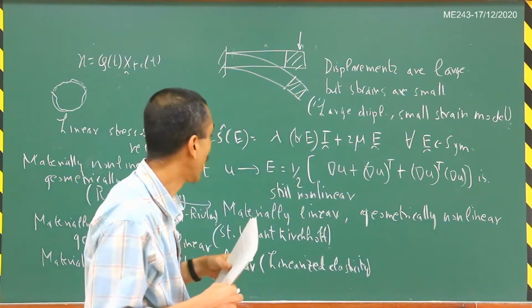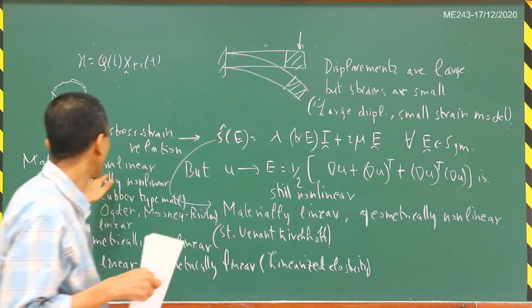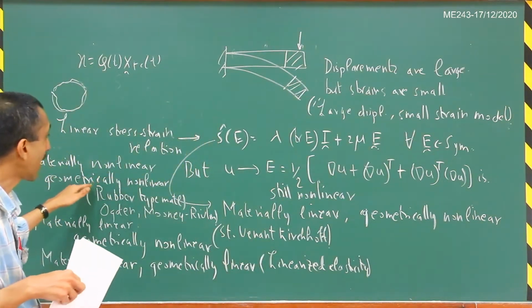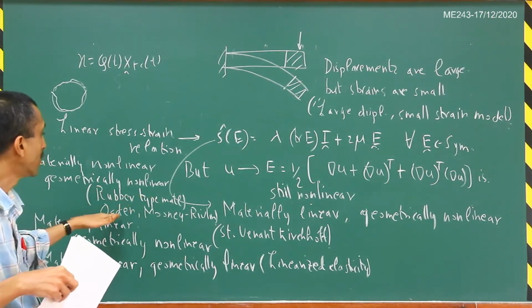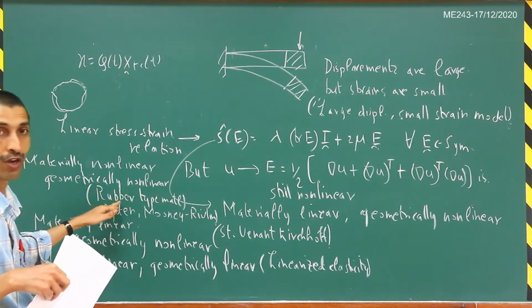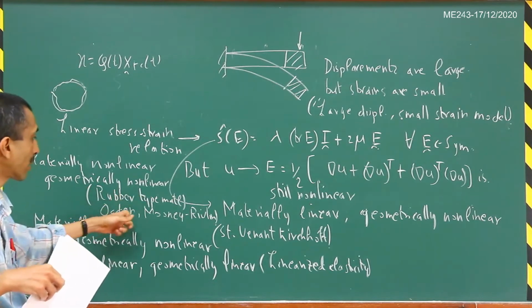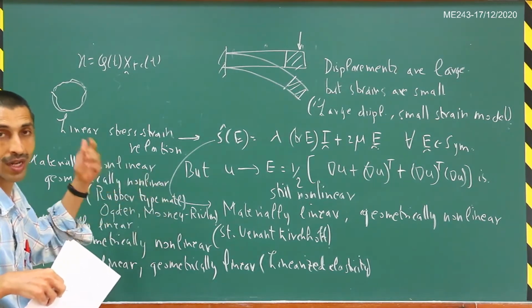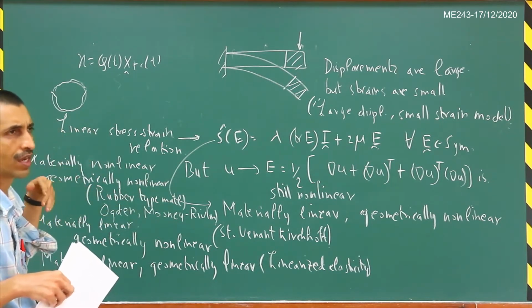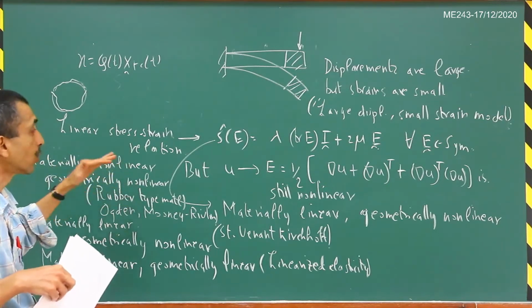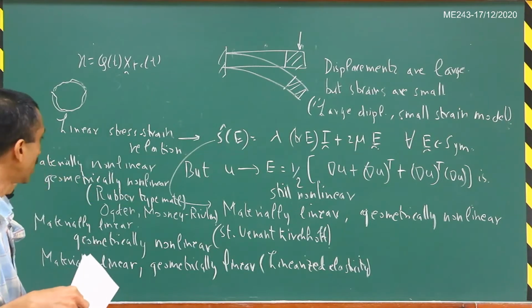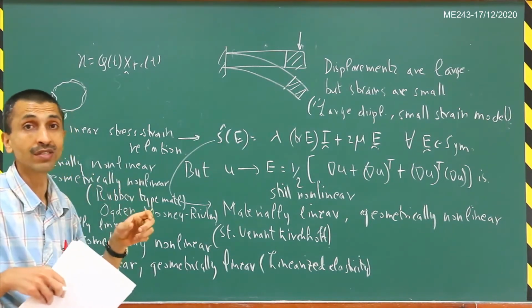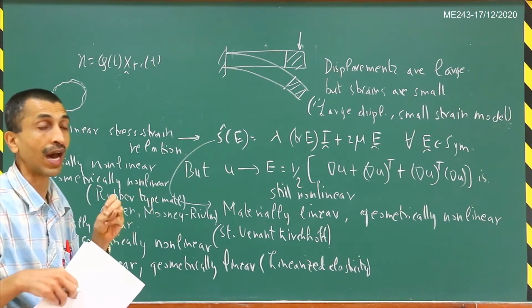Then you have to go to the first category, that is the materially nonlinear and geometrically nonlinear material models. Examples of those material models which are appropriate for rubber type of materials are the Ogden model, Mooney-Rivlin type of model, and so on. There are lots of models for this one. Those would be the appropriate models to use when you have very large strains and large displacements.